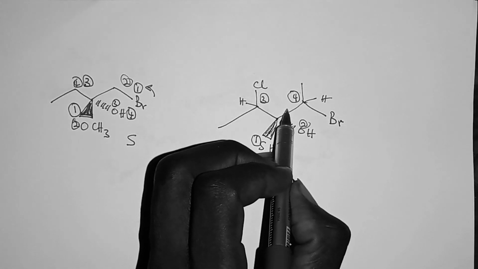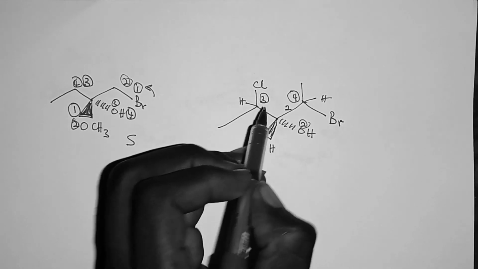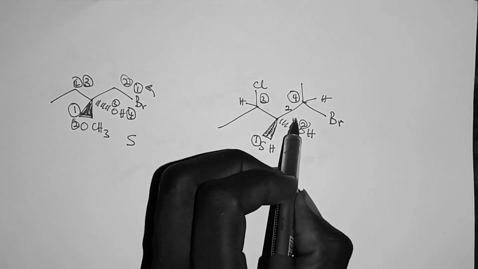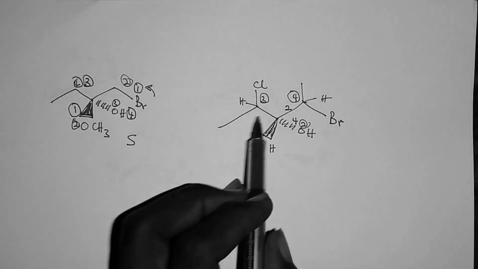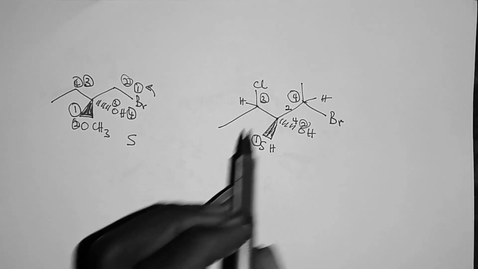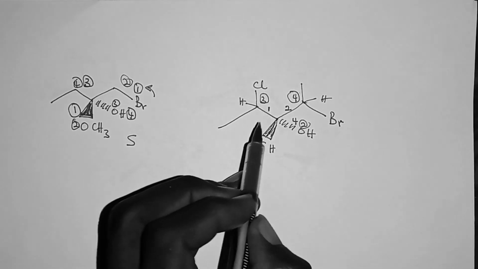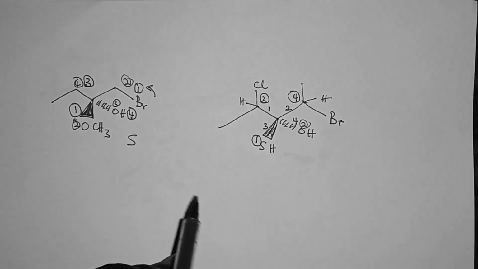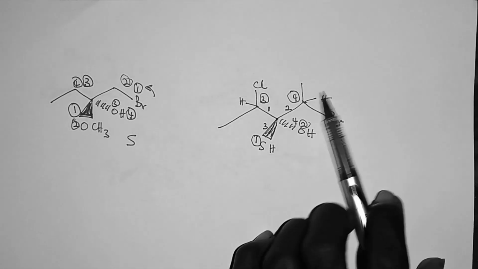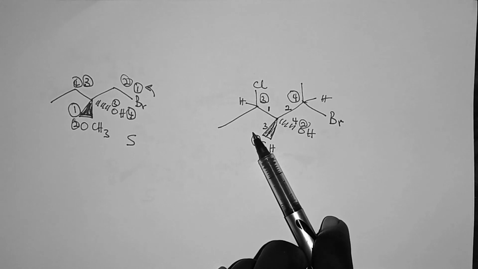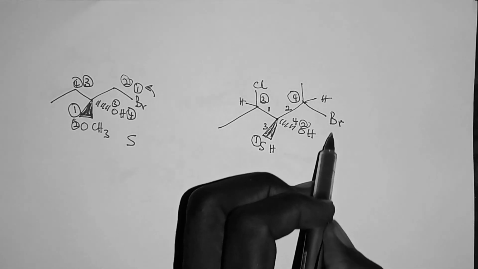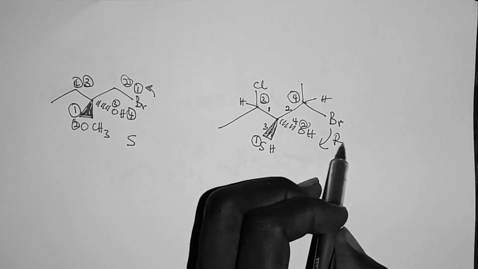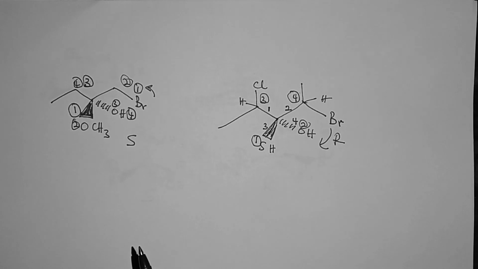So this side becomes number 2, and this side becomes number 4. So we have to swap the other 2. So this becomes number 1, and this becomes number 3. So if we cover here, you can see that this is 1, 2, 3. And 1, 2, 3 is going in the clockwise direction. And therefore, this configuration is an R configuration.